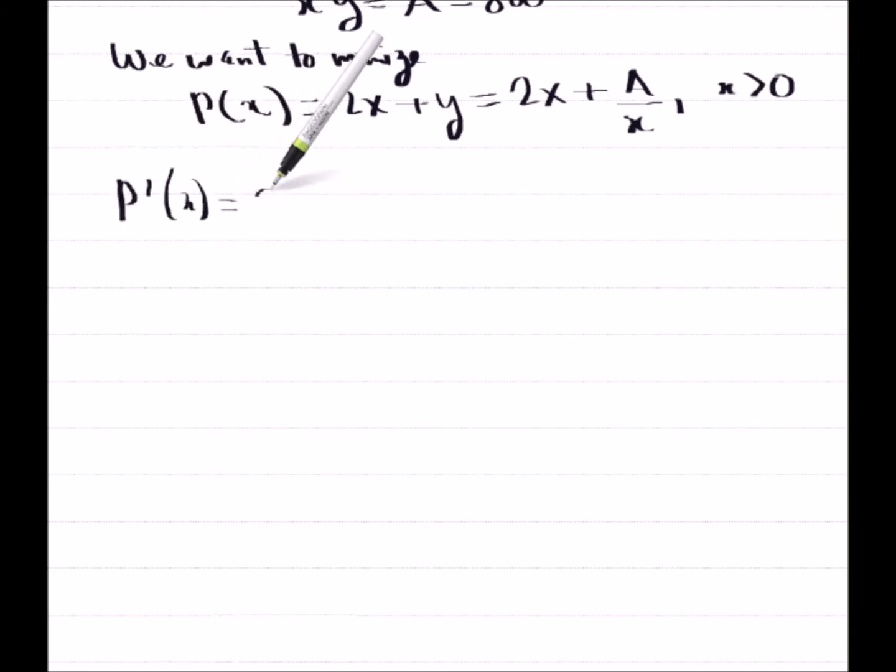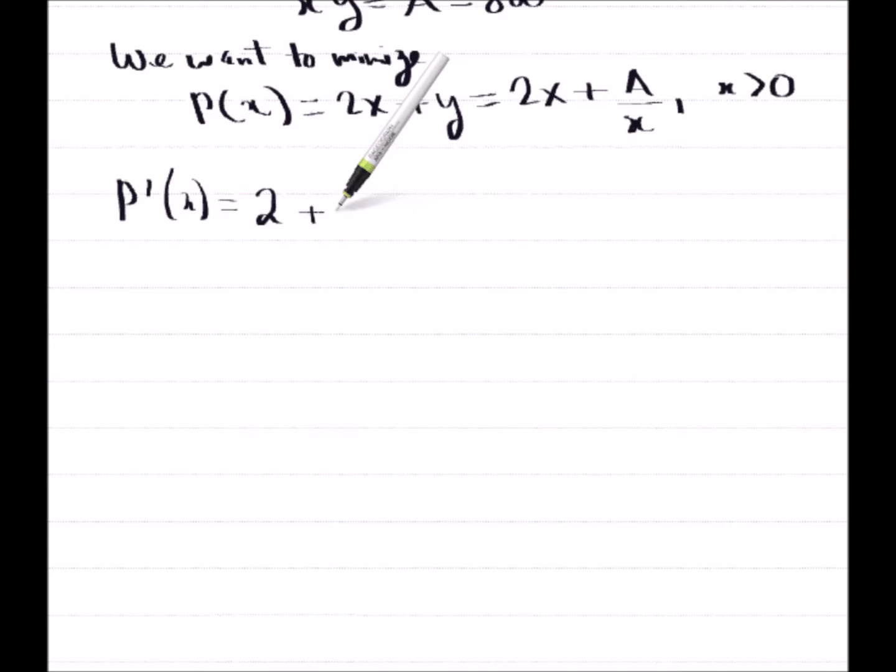Well, the derivative of 2x is 2. This is a over x. A is a constant. Notice I have left a as it is. I could have also replaced a by 800, but you'll see there's a good reason why I've left a just as a parameter for now.